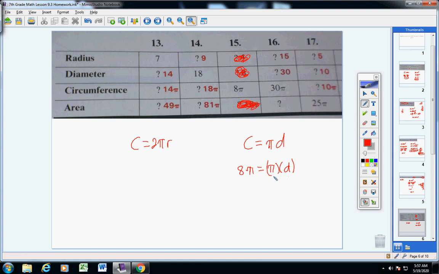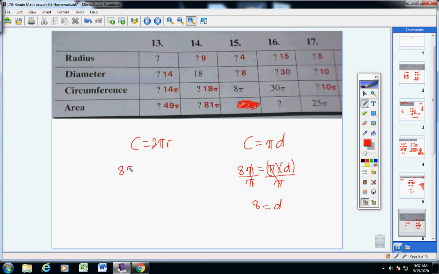These two are multiplying, so let's divide both sides by pi. These cancel, and I'm left with d equals 8. So there's your diameter, okay? Now, of course, if the diameter is 8, we know the radius is going to be 4, okay?